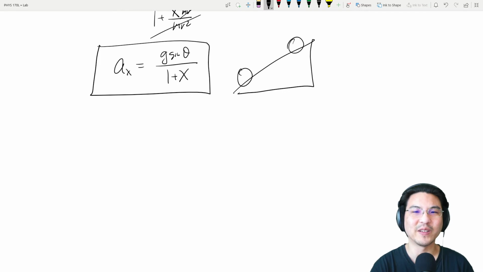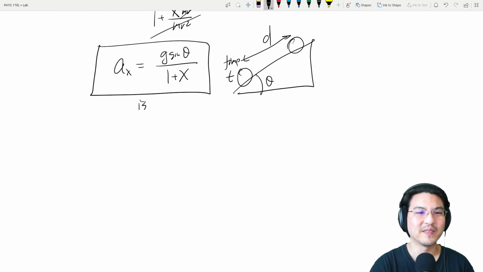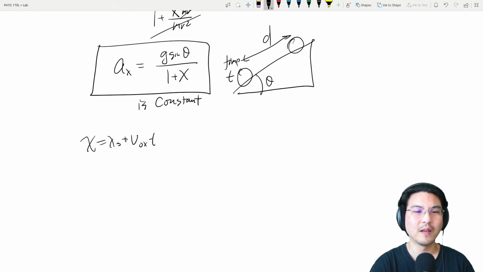So if you're here and you measure this distance and the time, and those are known, and you know the angle. Notice how this acceleration is constant, which means we can use kinematics for constant acceleration, like this, and this one.